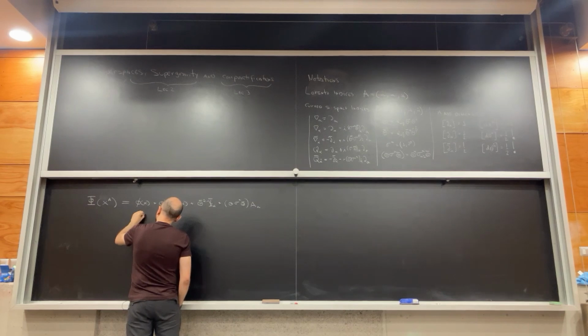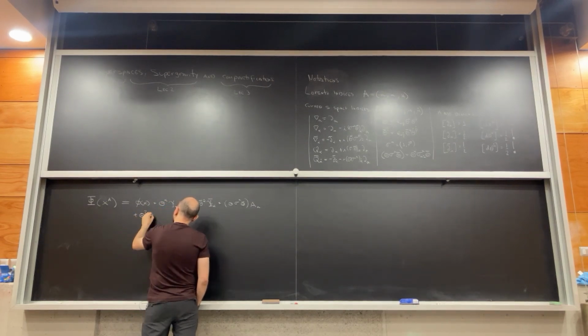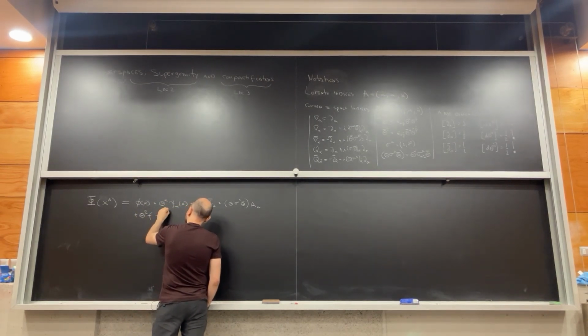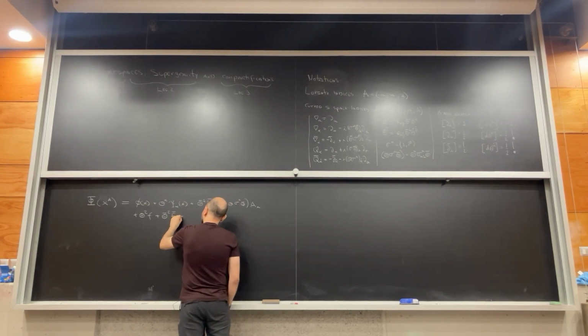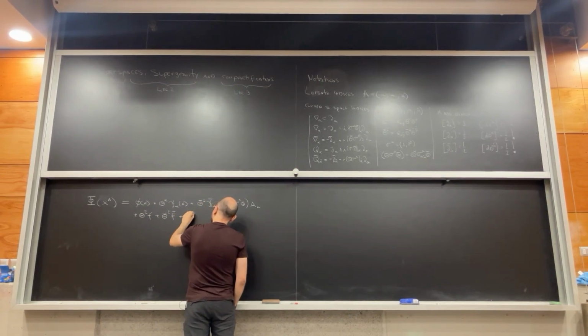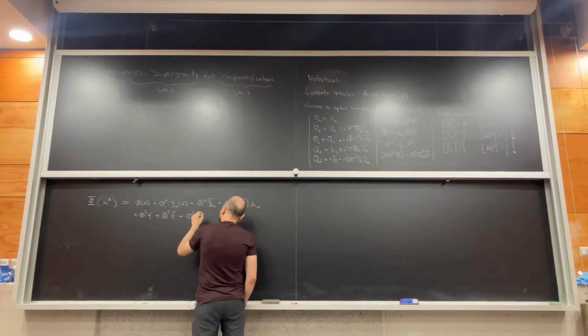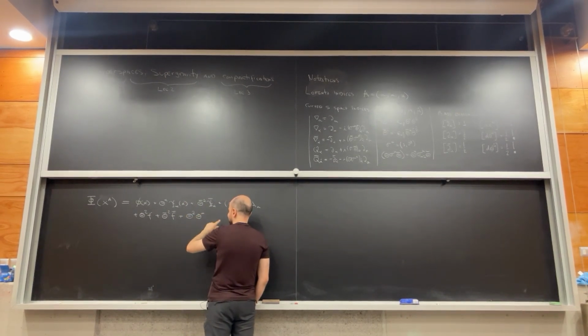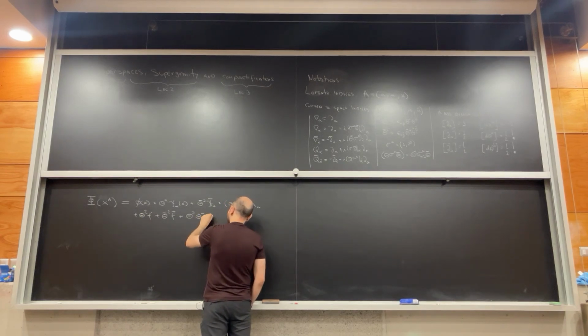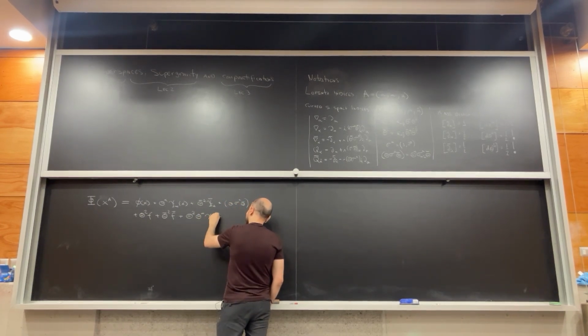Then theta squared f, theta bar squared f bar, then theta squared theta alpha. Well, I don't remember the name. I'm just going to call it chi.